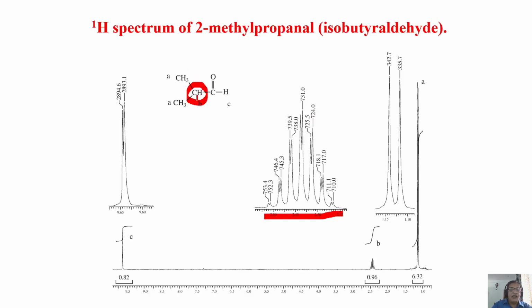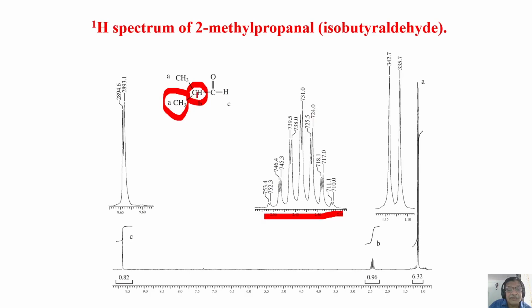One CH3 splits this into a quartet, and each line of this quartet is split into another quartet by this CH3. The quartet is 4 lines, with intensity 1, 3, 3, 1. Each line of this quartet is split into another quartet. So you have got 16 lines.